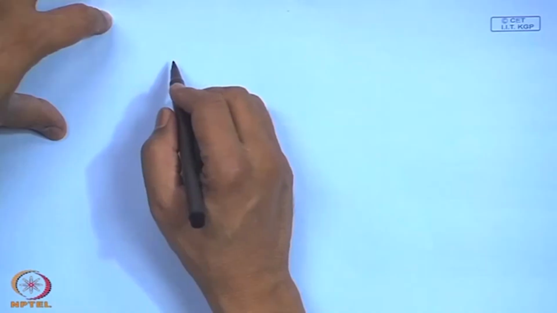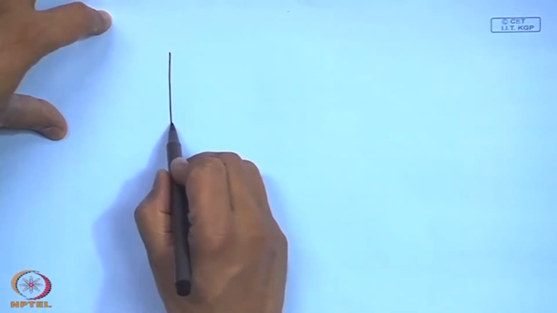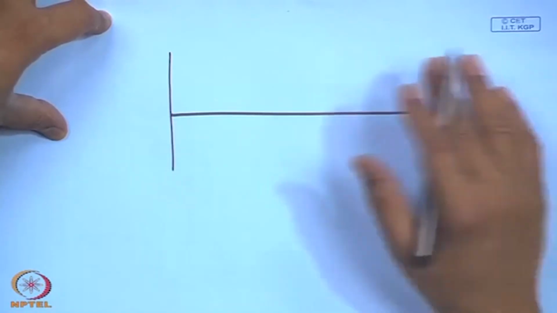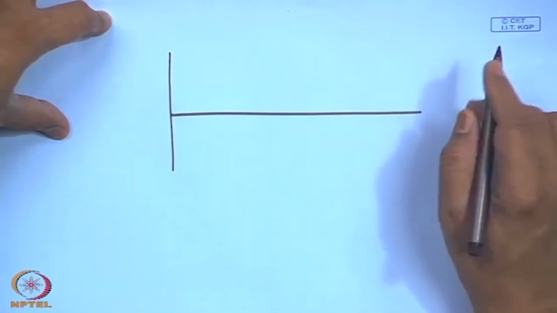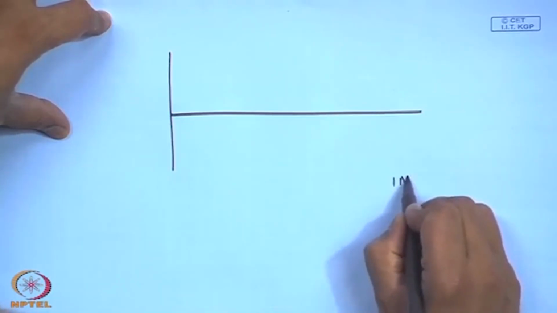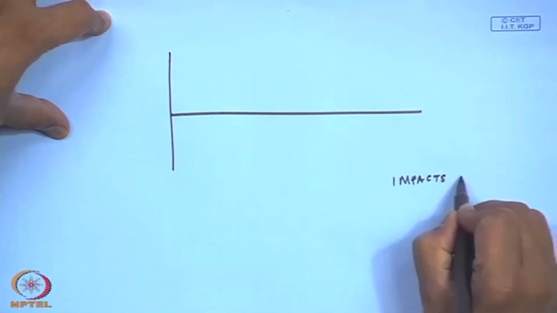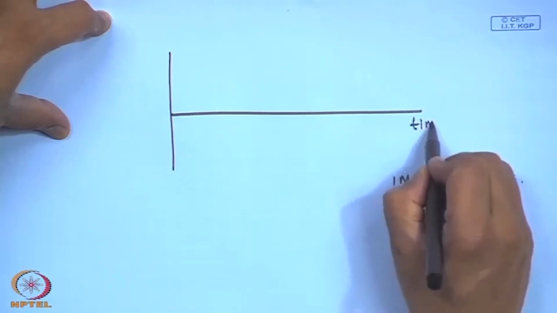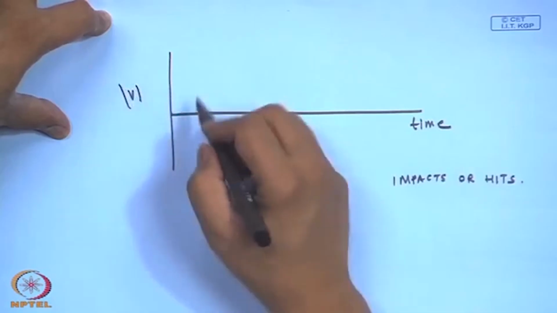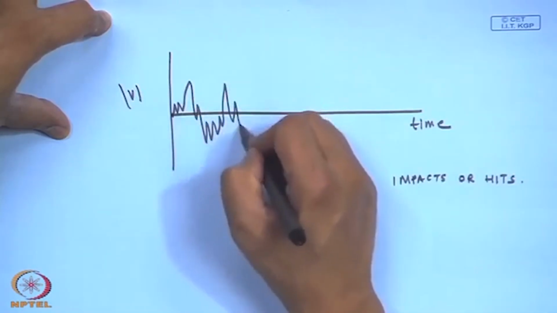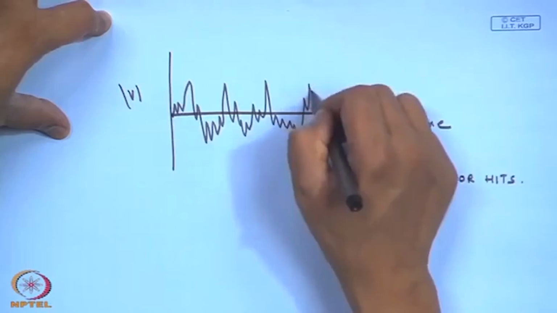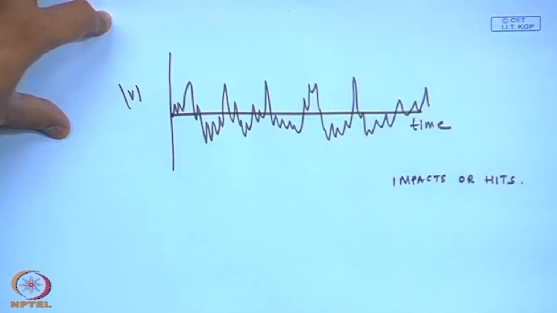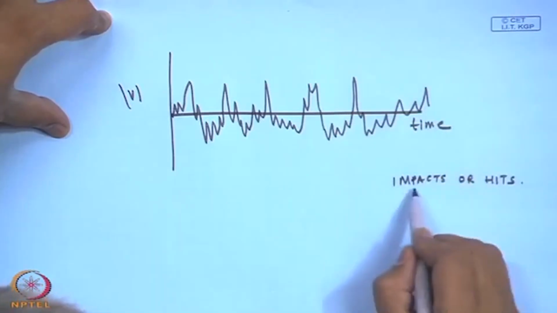For example, if things are loose, what happens? The components would be flying around all the places, so they would be hitting against each other. So, there will be a series of impacts or hits. If I look at the time domain signal, this is a normal signal. What happens when there is an impact or a hit?